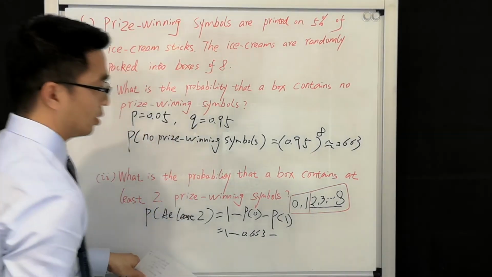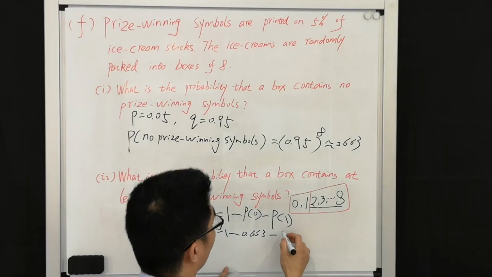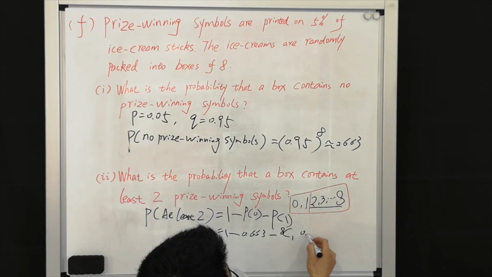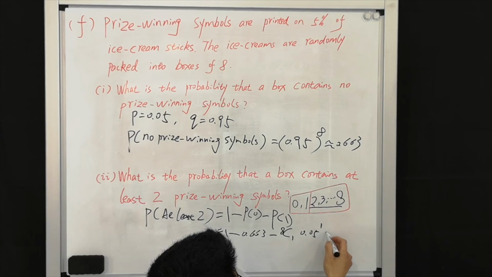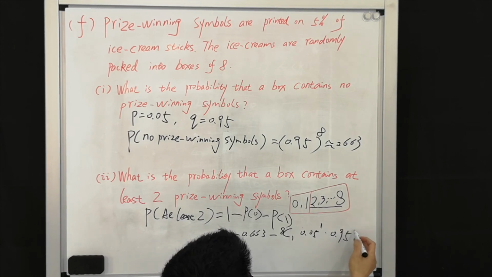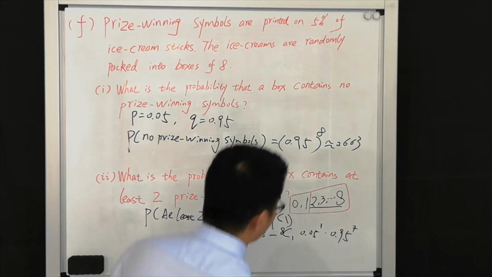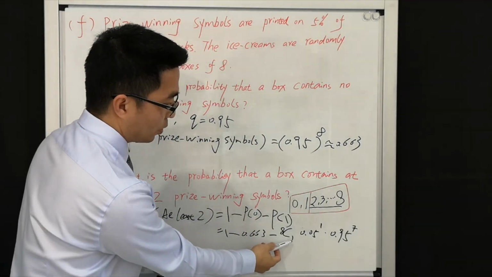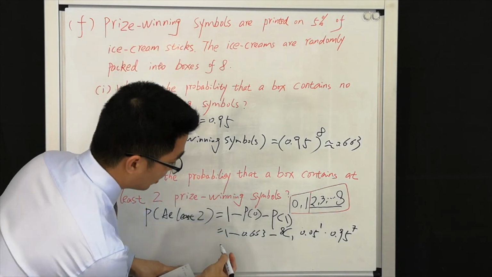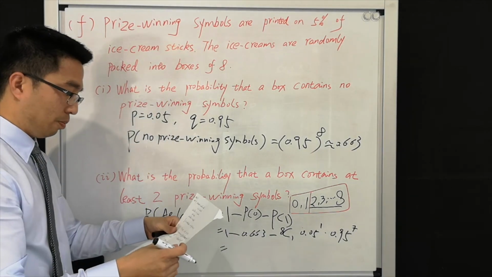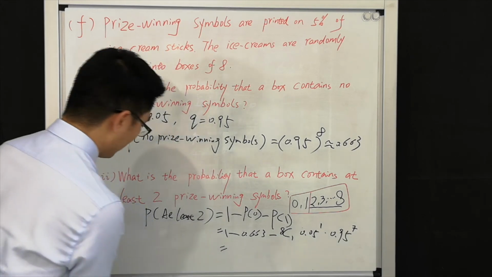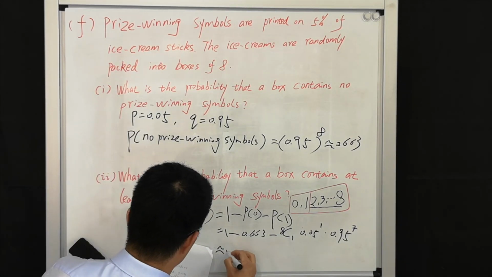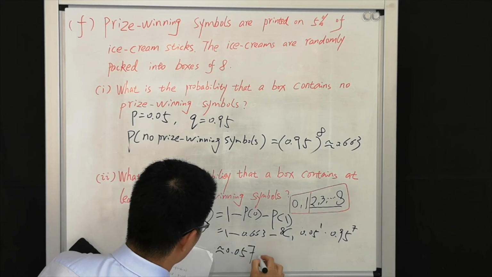Okay, 0.663 minus P1, which is 8C1 times 0.05 to the power of 1 times 0.95 to the power of 7. Use your calculator to calculate 8C1 and then times this one, and your final answer should be around 0.057.